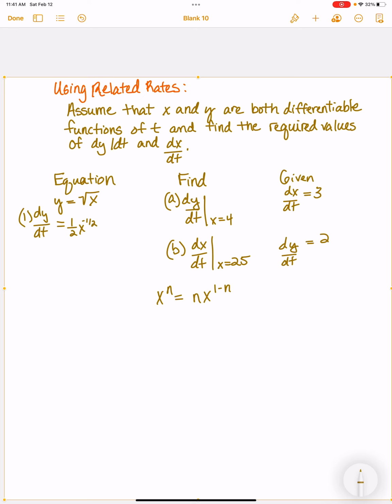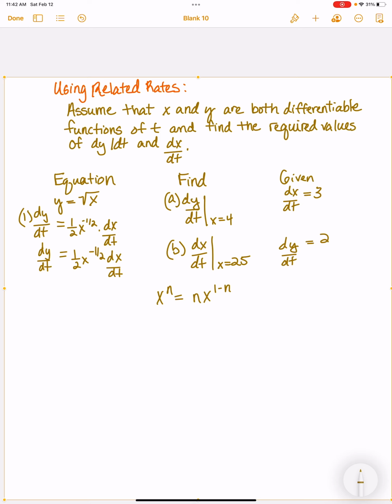Now, I'm not done though because I also have to take the derivative of x with respect to time. So now I have dy/dt equals 1/2 x to the negative 1/2 dx/dt.